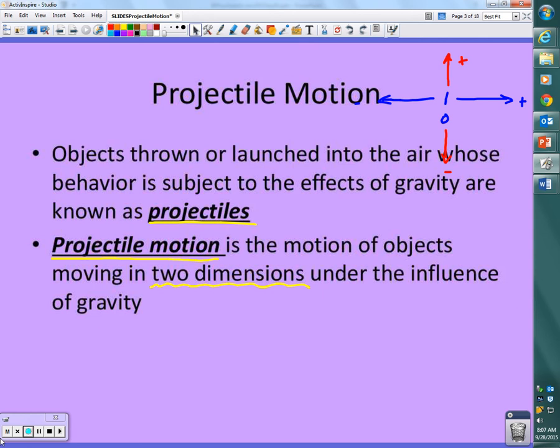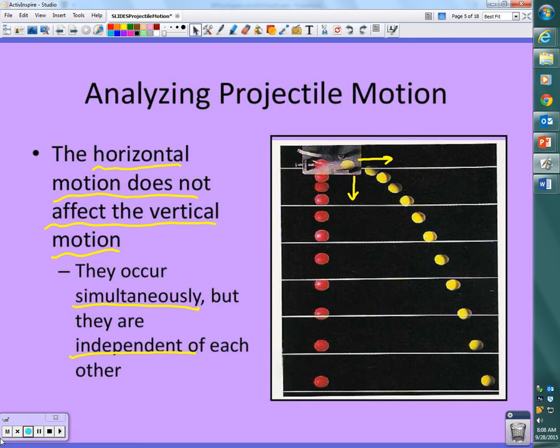So, the key idea that we introduced on Friday was the idea that the horizontal motion does not affect the vertical motion. They occur simultaneously, but they are independent of one another, right? Yes, they're both happening, but one doesn't affect the other one.